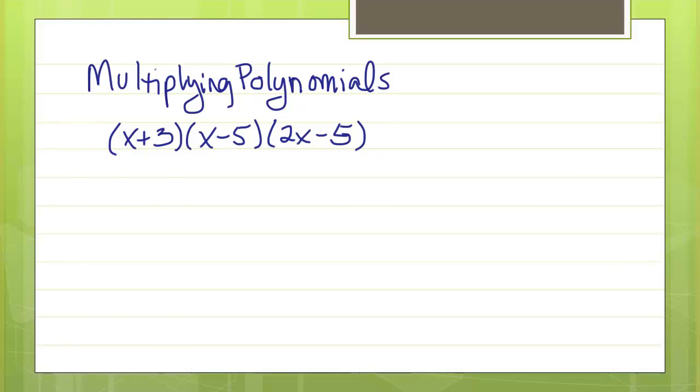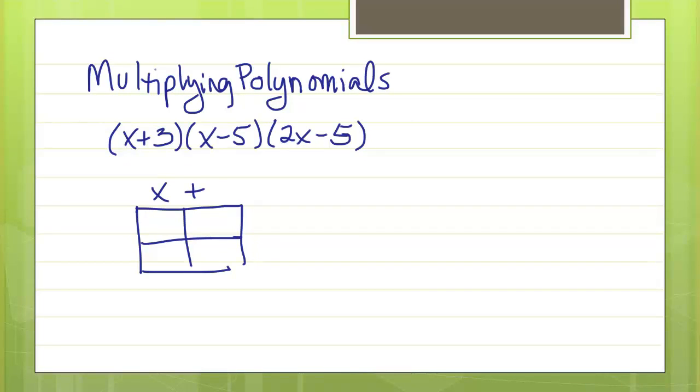Well, all you can do is multiply 2 at a time. So I would do the first 2. Again, you can do FOIL, I'm going to do the box.